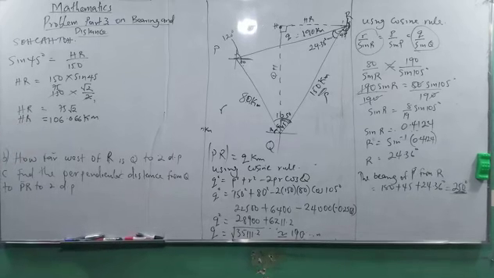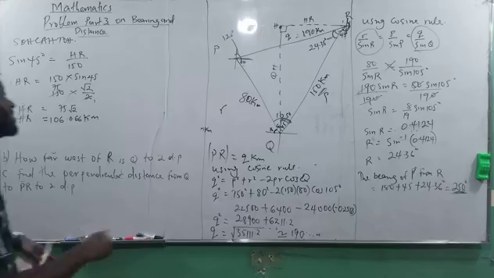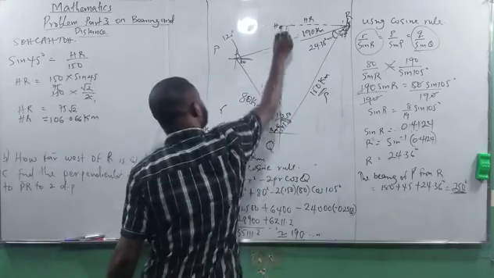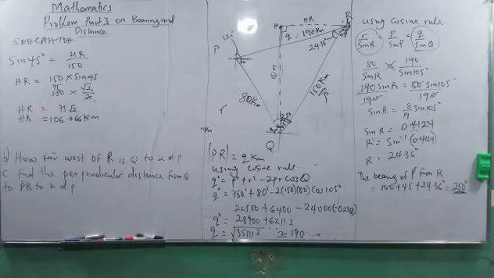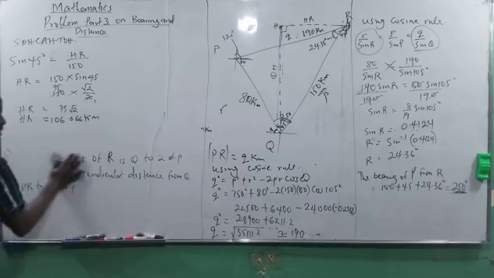Now the next thing you have to find is the perpendicular distance from R to PQ. Perpendicular distance. It means you have to find the distance here. I can also go to my sine rule, but permit me to rub this because of space.